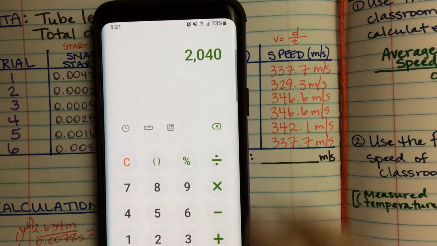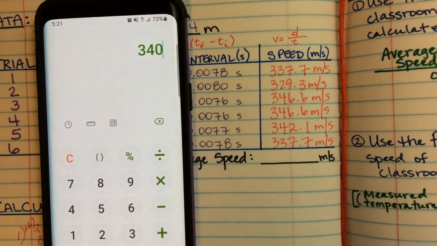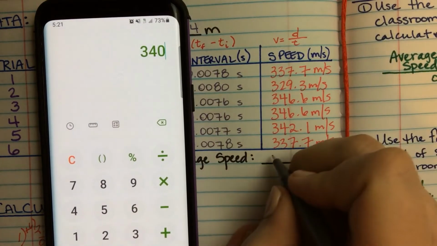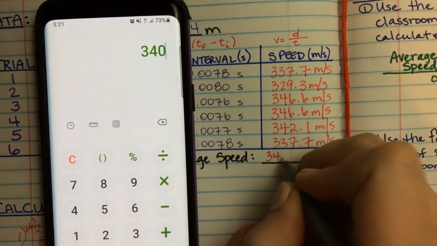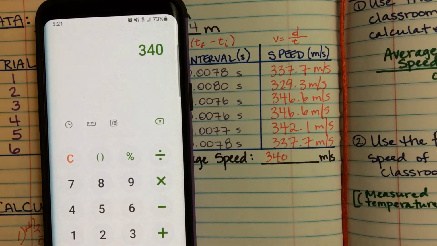So that equals 2040. Divide that by 6. And it actually comes out perfectly even, 340 meters per second. Yours may not come out perfectly even. If it doesn't, again, just round to that tenths place and that's completely fine.